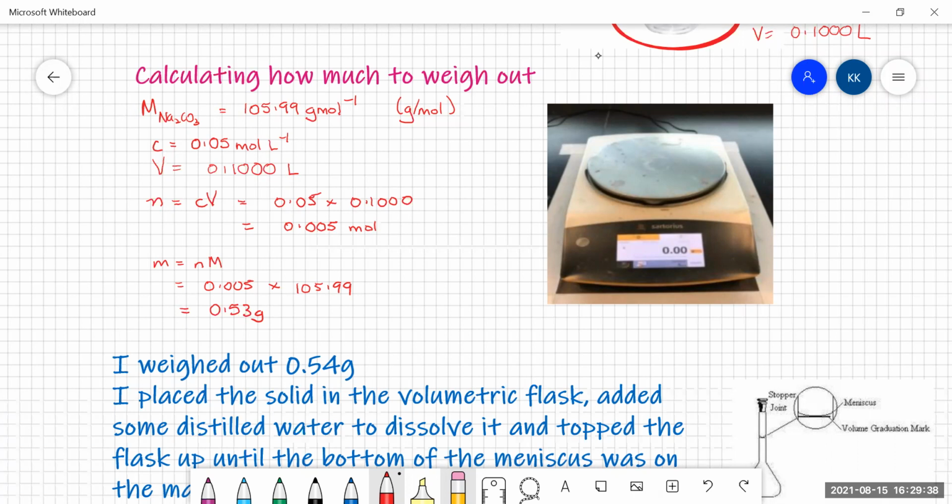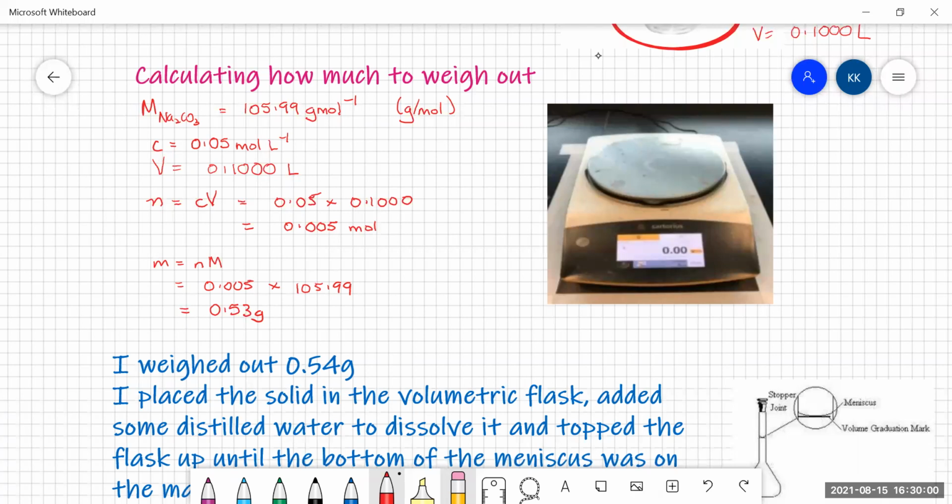So I went to the balance and I weighed out 0.54 grams. I wasn't going to scoop a bit out and then sprinkle a little bit back on until it was perfect. 0.54 is close enough. The main thing is I know it's 0.54 because I'm going to need to use that in my calculations.